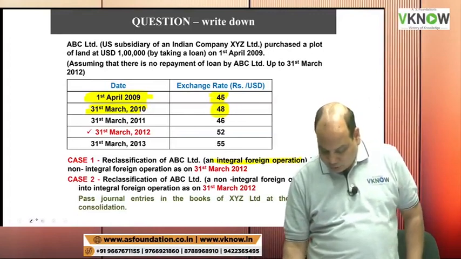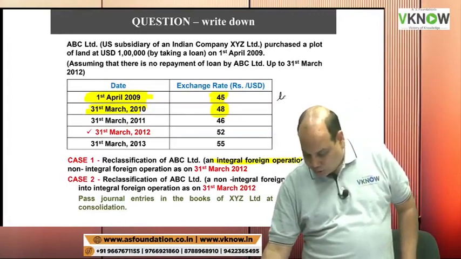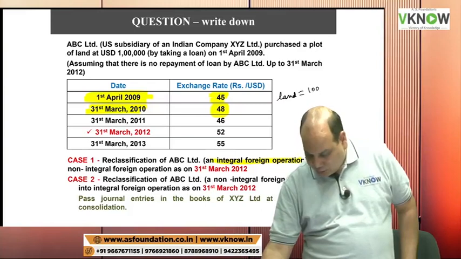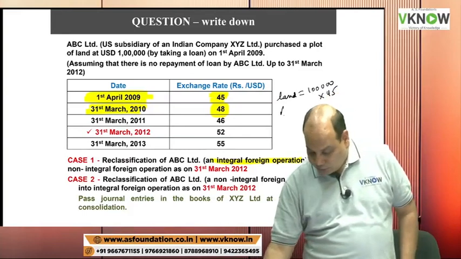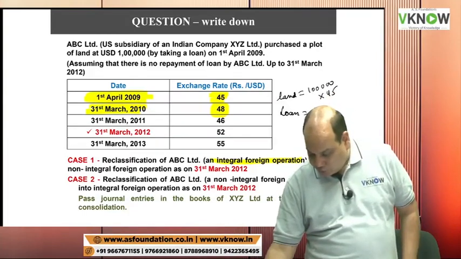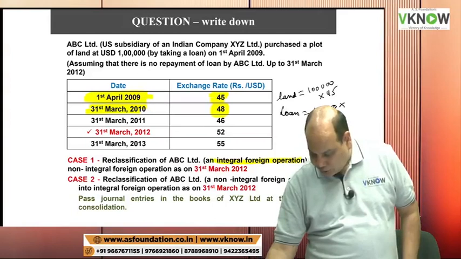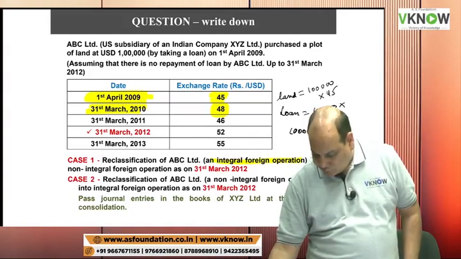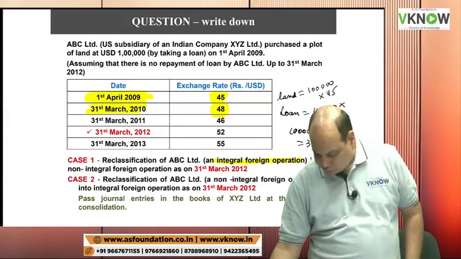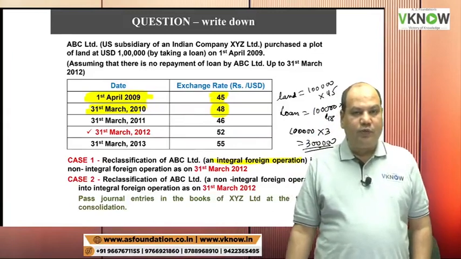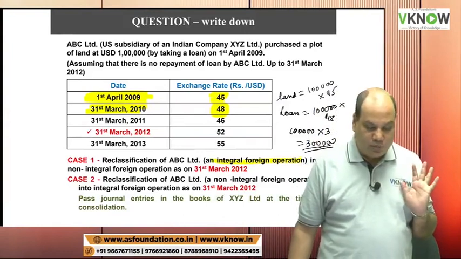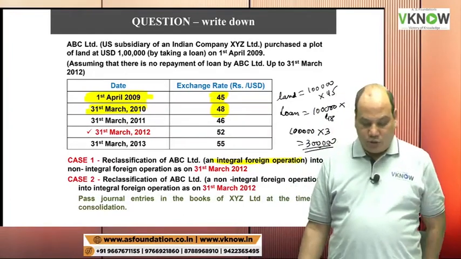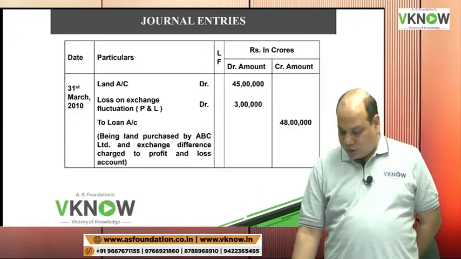So what will happen on 31st March? My land will continue to appear at 1 lakh into 45, but my loan will have to be revised at 48, and this will give rise to an exchange difference of 3 lakh rupees, because land I am not going to change as I am following the integral operation, while loan I will have to change. So please write down the journal entry.